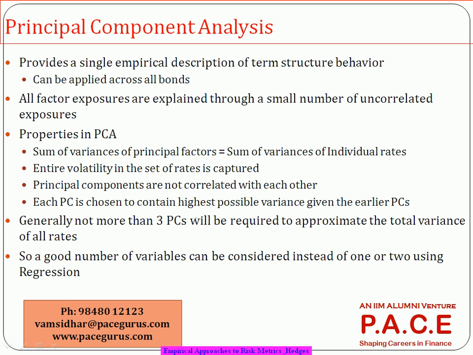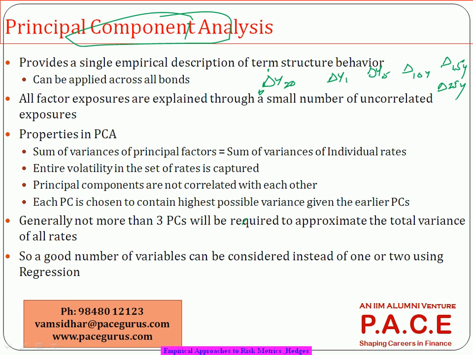That is where principal component analysis actually comes into the picture. Basically, we are talking of regression here. Regression means, let's say my dependent variable is the 20-year interest rate. I am trying to model it with, let's say, the 1-year interest rate, 5-year, 10-year, 15-year, and probably the 25-year interest rate.